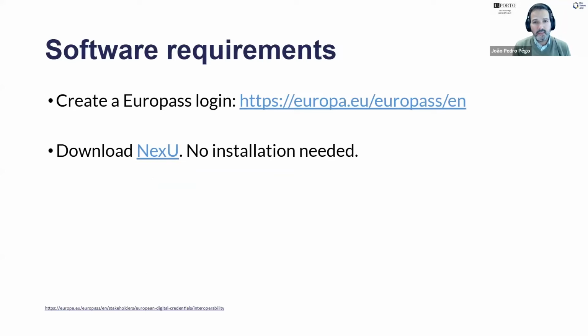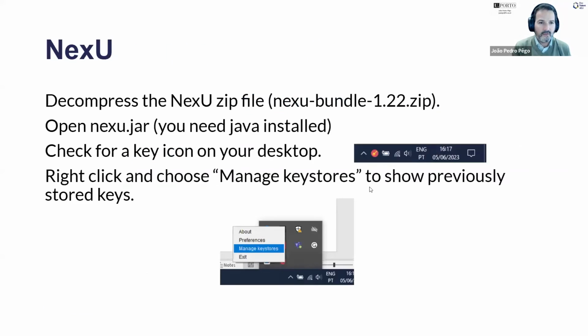You will also need a piece of software called Nexu. It's open source, if I remember correctly. You can download the file and you don't need to install it. It's Java, and Java is cross-platform. That means it will work on Windows, on Linux, on Apple Macs.